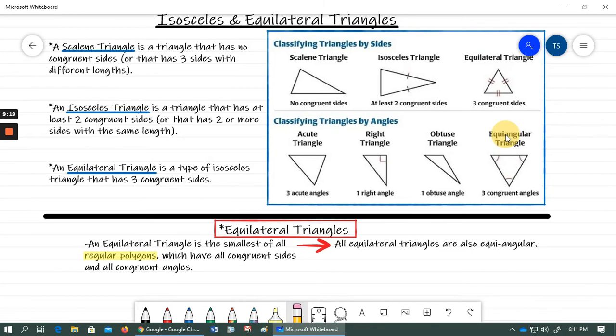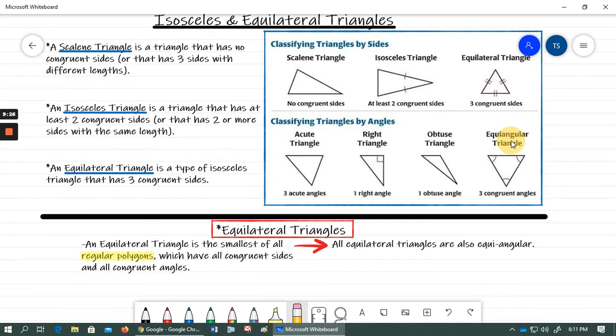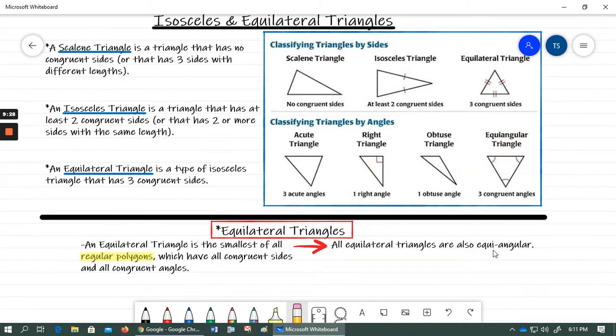So, guys, that classification that you see there, equiangular triangle, it should be clear by the way that word looks, as in equal angular, right? All of the angles are equal in that polygon. So all equilateral triangles will also be equiangular.